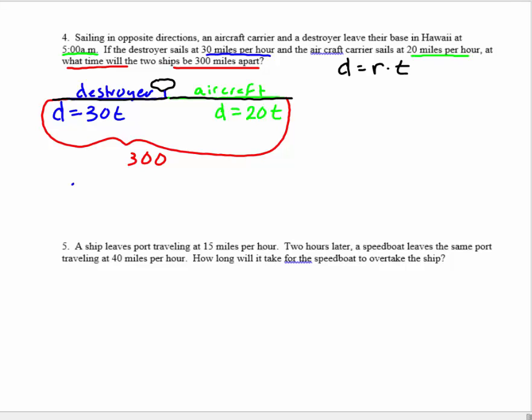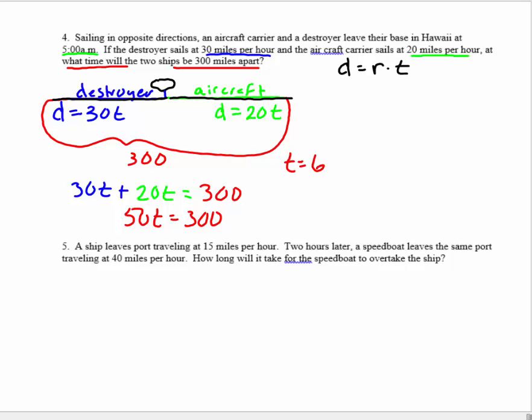So we'll have 30t plus 20t is going to equal 300. The distance of one plus the distance of the other should equal the total distance they're going to be apart. Putting those two together, we get 50t equaling 300. We'll divide by 50, so t is going to equal 6.